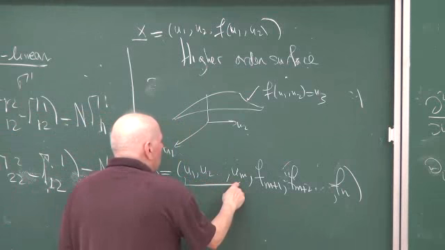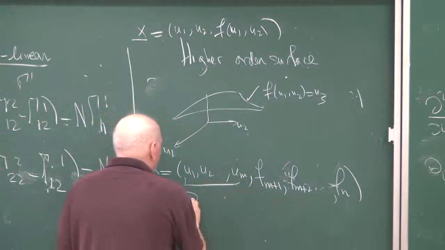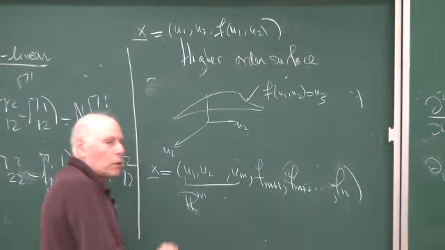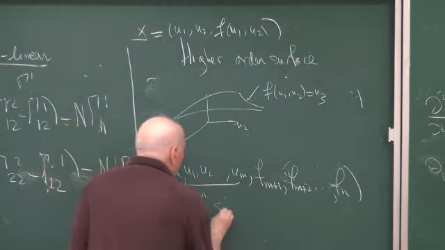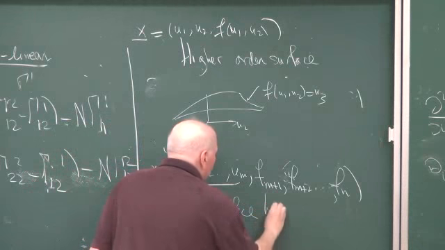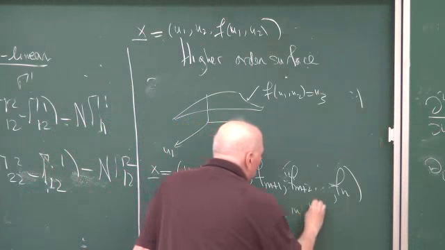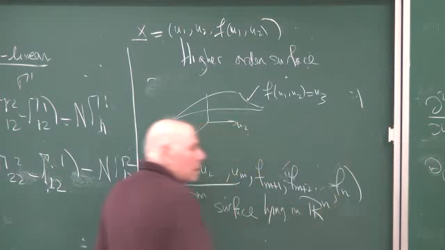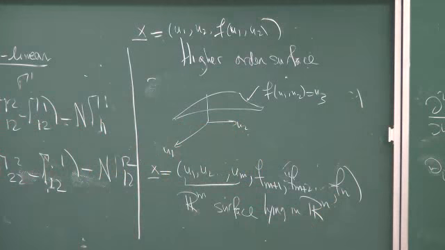So this would be lying in R^m. So the surface would be an m-dimensional surface lying in n-dimensional space. Now if n is m plus 1, then it's a hypersurface, because it's just one more dimension, as we have here.